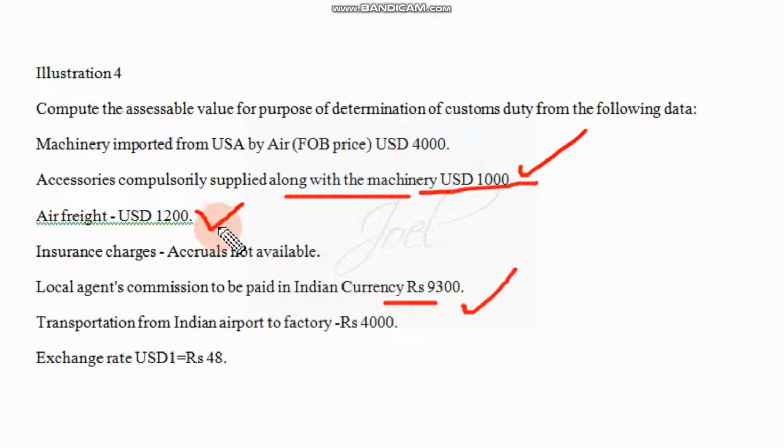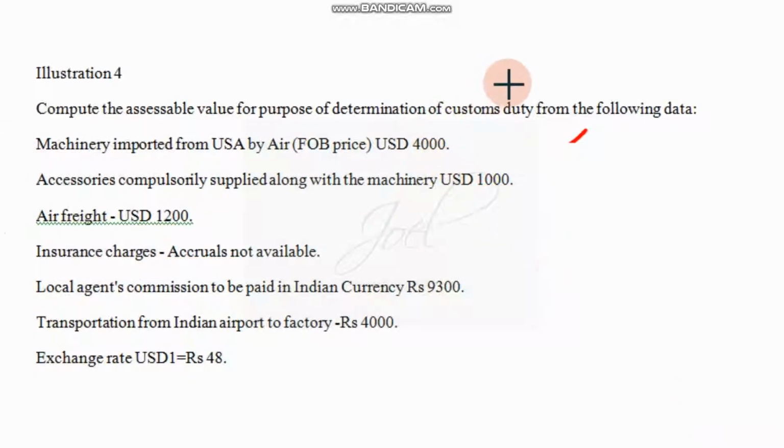So we will calculate 20% of FOB price, then we will compare it. Then insurance we have to calculate, here 1.125% of insurance charges we are supposed to add, so that we are adding. Then agent's commission also we are going to add. When you add all these amounts, you will arrive at assessable value.